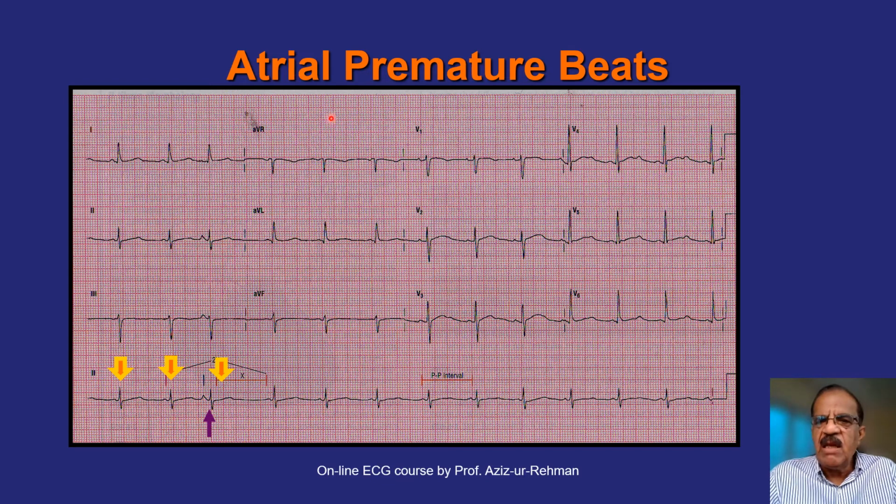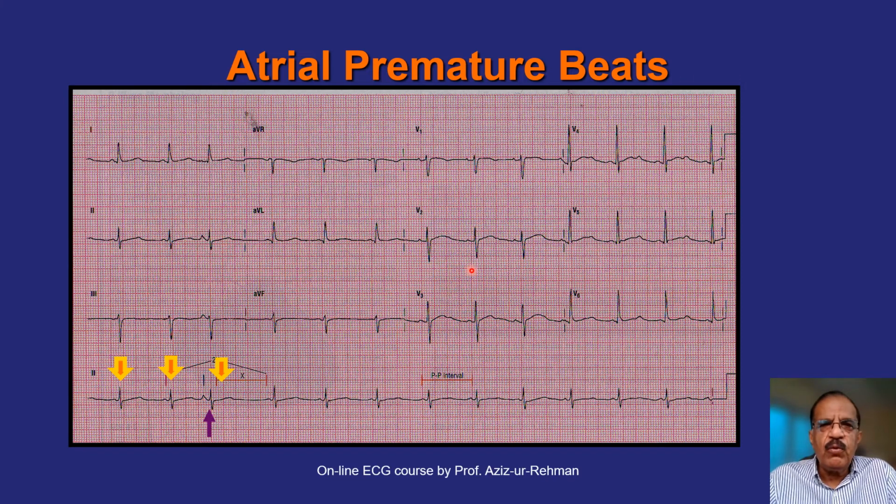In an atrial premature beat, it would be only the atrial depolarization which will be different, as shown by the different morphology of the P wave. But once the current passes through the AV node, the rest of the process, the passage of current through the conduction system, ventricular depolarization, and AV nodal delay will be exactly the same. So this is how we call it atrial premature beat.